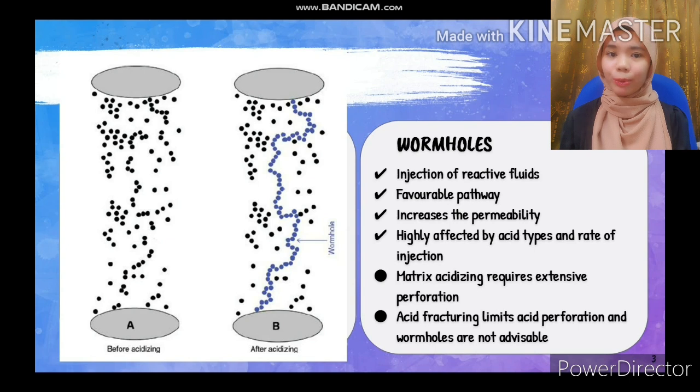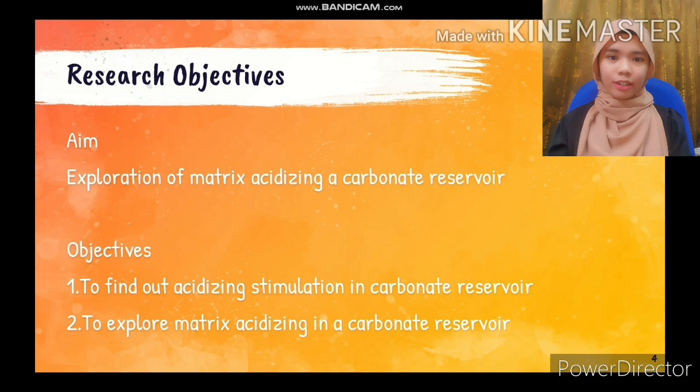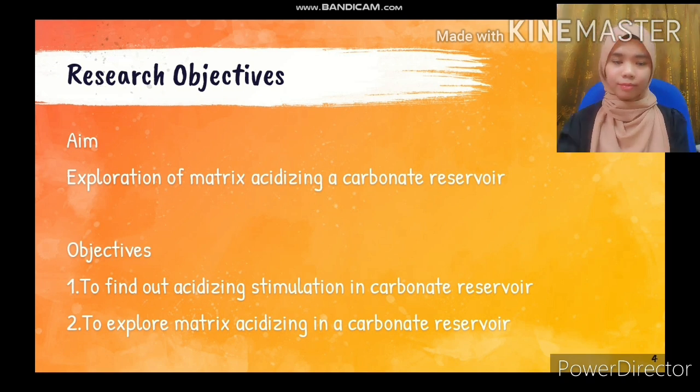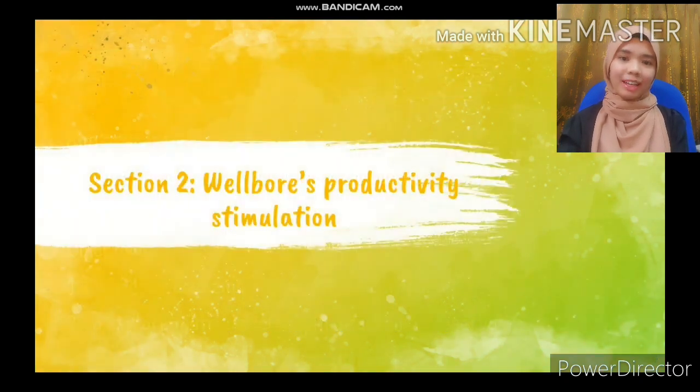There is a blue pathway that is created until the deepest part of the wellbore. So the aim of this is to explore matrix acidizing in a carbonate reservoir and to find out the acidizing stimulation and matrix acidizing that are available for a carbonate reservoir. I'll be passing this to my other group mate, Hanani.